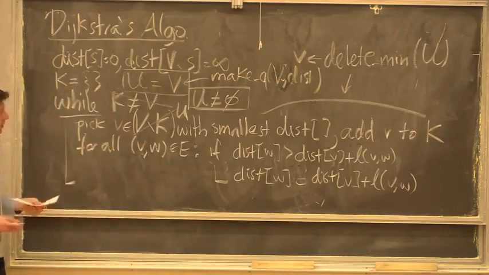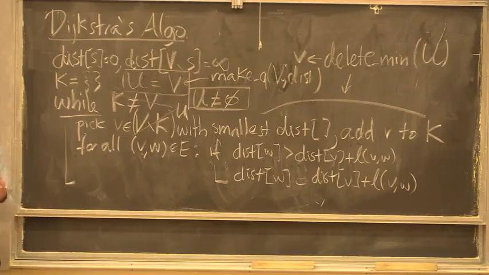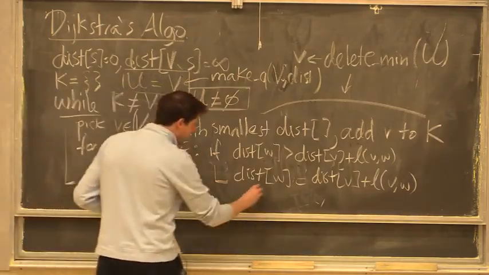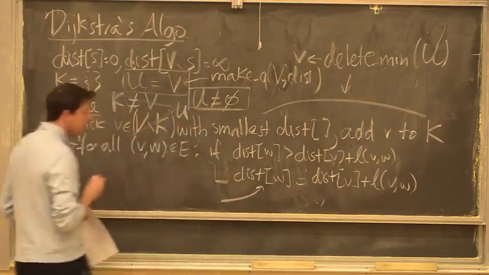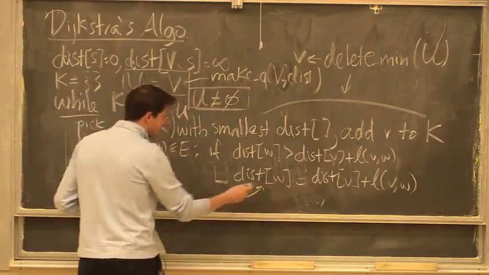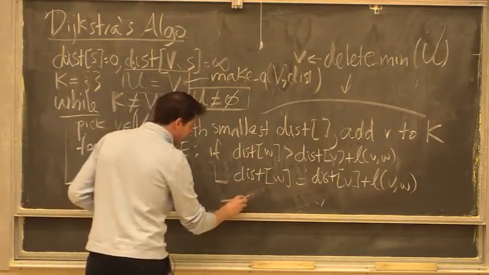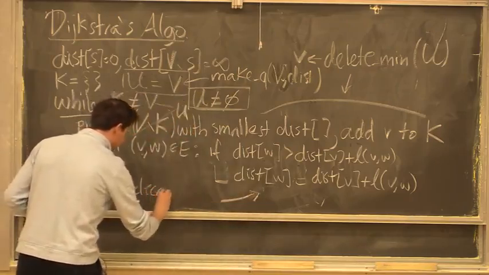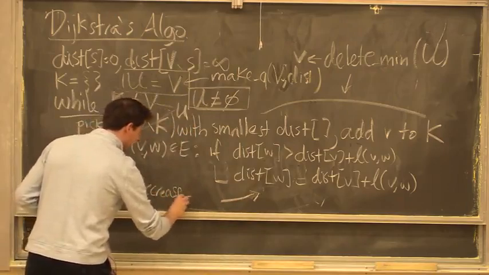The only other thing that we need to do to operate on this queue is to be able to change values. So that would be this line over here, where after we compute this value, we just add a line that says decrease key.